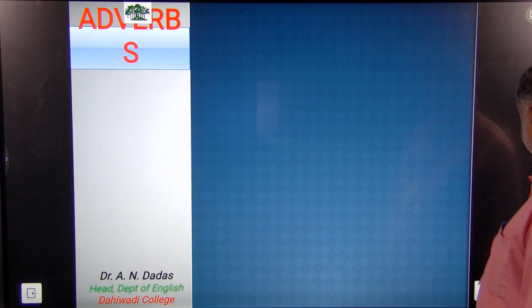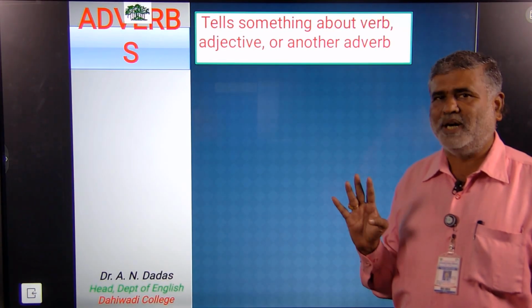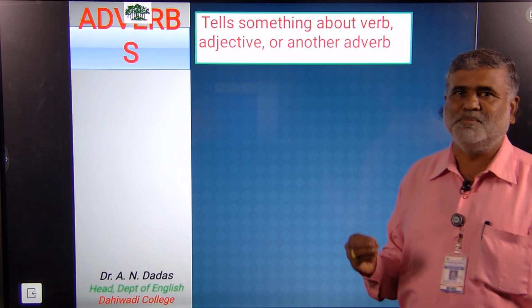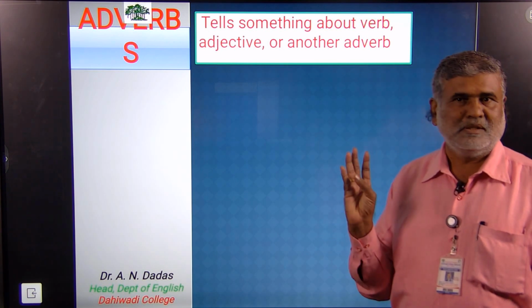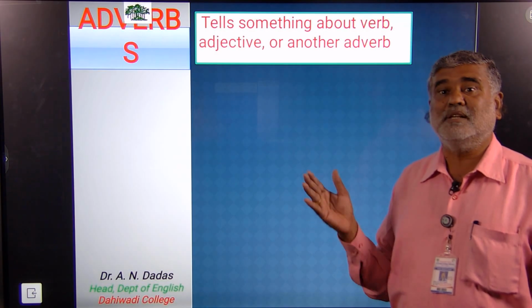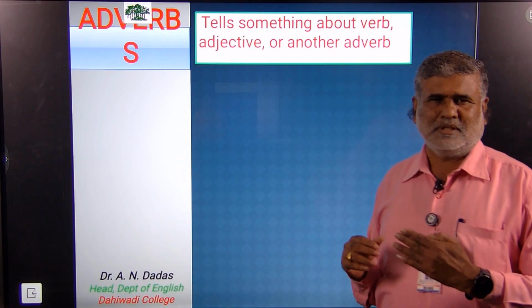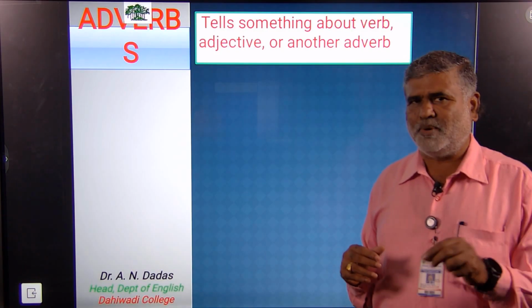Now another type we have to consider is adverbs, and here you must know how to define adverbs. Adverbs are the words, they tell something about, number one, verb, adjective or another adverb also. Sometimes incomplete definitions are given about adverbs.